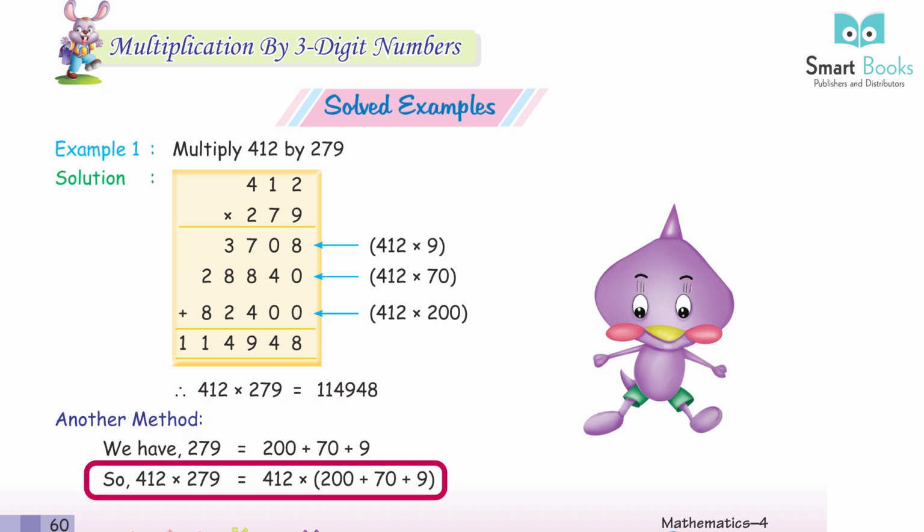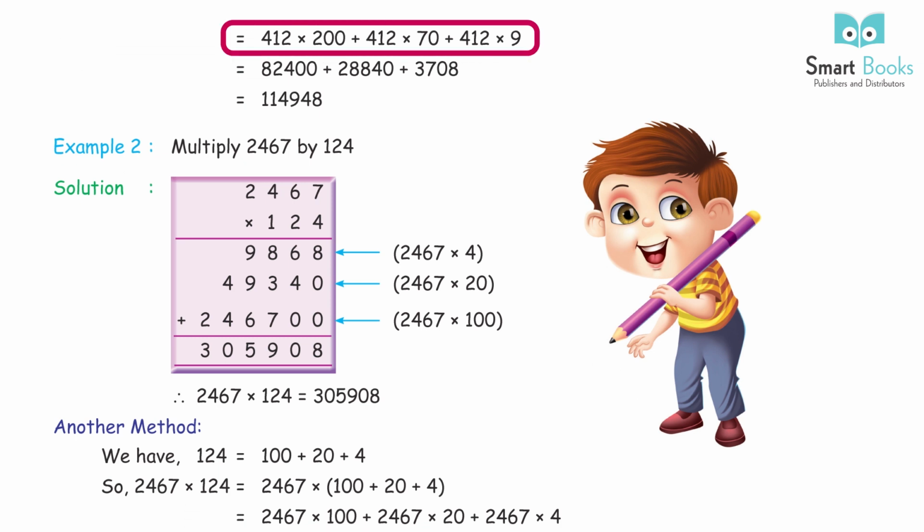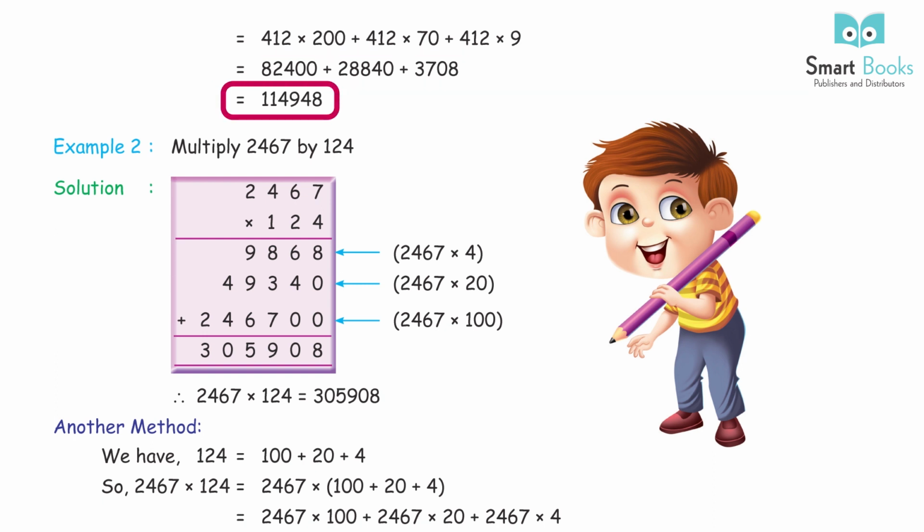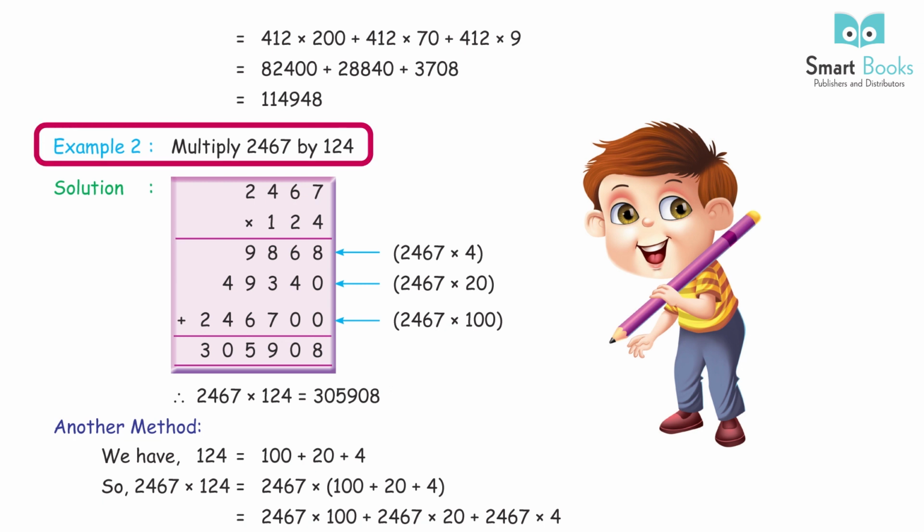So 412 into 279 is equal to 412 into 200 plus 412 into 70 plus 412 into 9, which is 82,400 plus 28,840 plus 3,708. Answer 1,14,948.